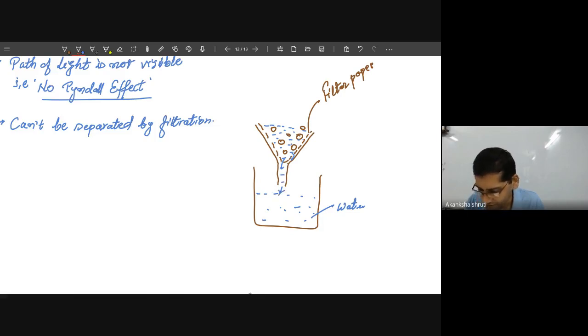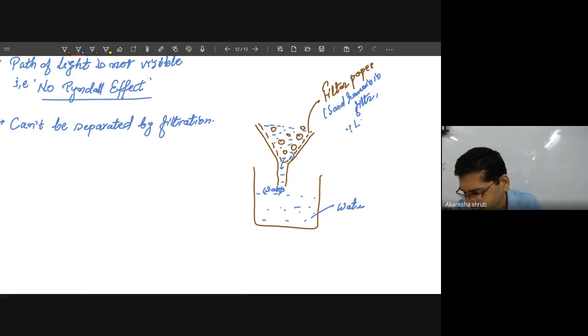So only water comes out, but sand remains in the filter. Because of why?